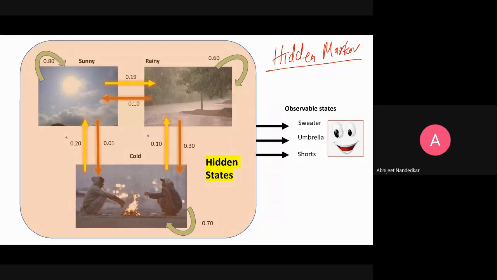Say for example, if you observe the behavior of your friend, then you can predict the mental status of your friend, whether his mood is happy, whether the mood is bad. Like that you can guess from the other observable variables. So that is the hidden Markov model.